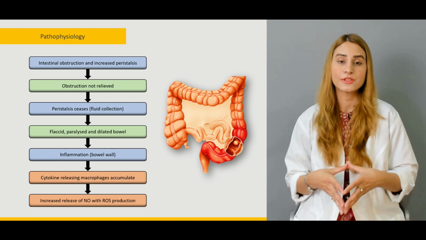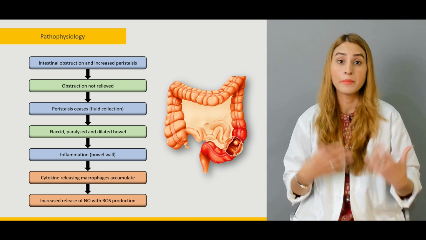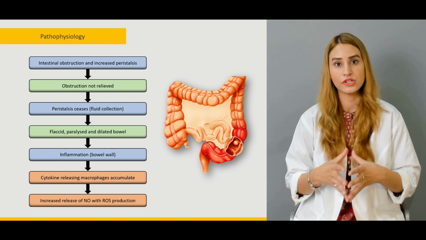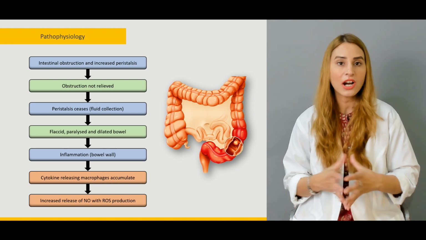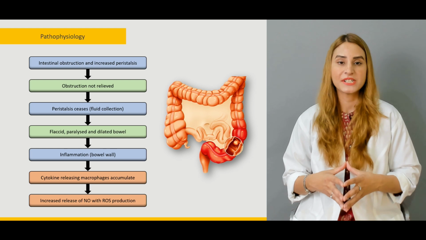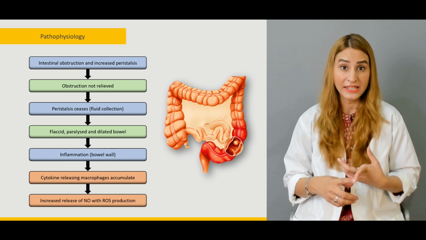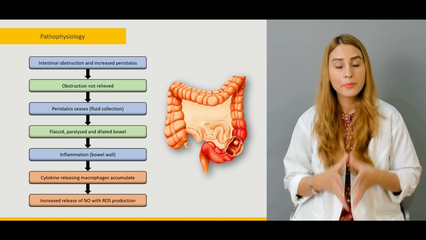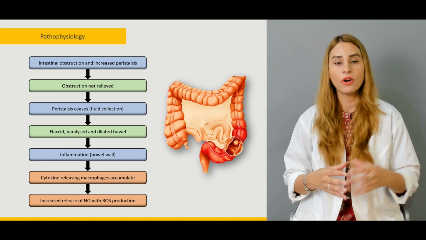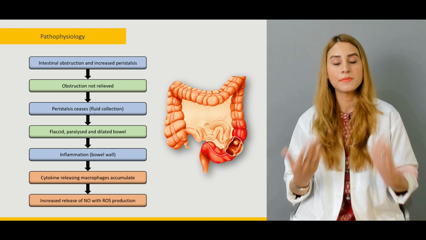Intestinal obstruction is basically a surgical emergency, and the patient presents to you with the four cardinal signs, which are abdominal pain, which is severe and colicky in nature, persistent vomiting, constipation, and abdominal distension.